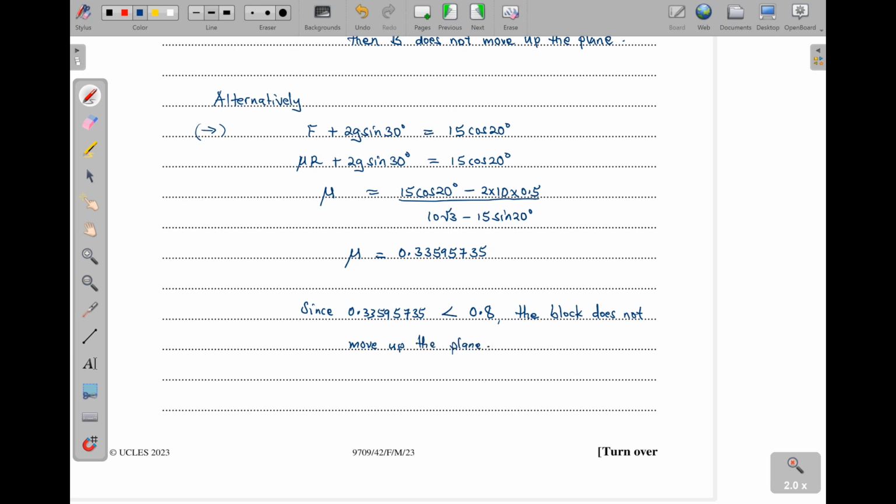The coefficient of friction would have needed to be 0.8 to move up. You get it? By using the 15 given to us as the T, we are seeing that the coefficient of friction that comes from there is this one, not 0.8. So the particle cannot move. But if it was higher than the 0.8 given, automatically the particle could move up the plane.